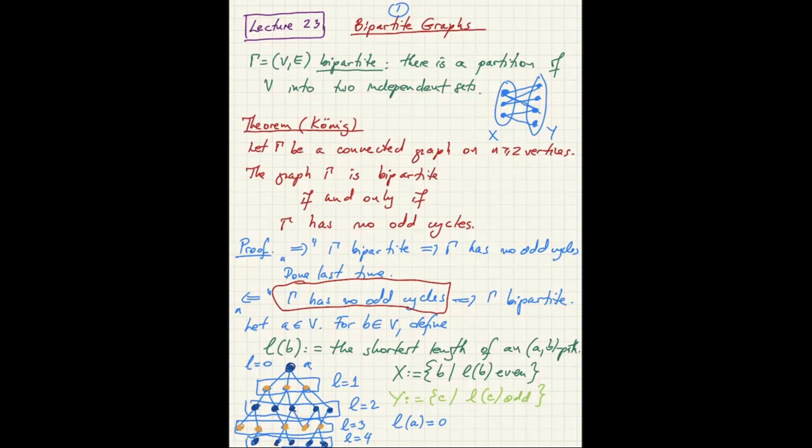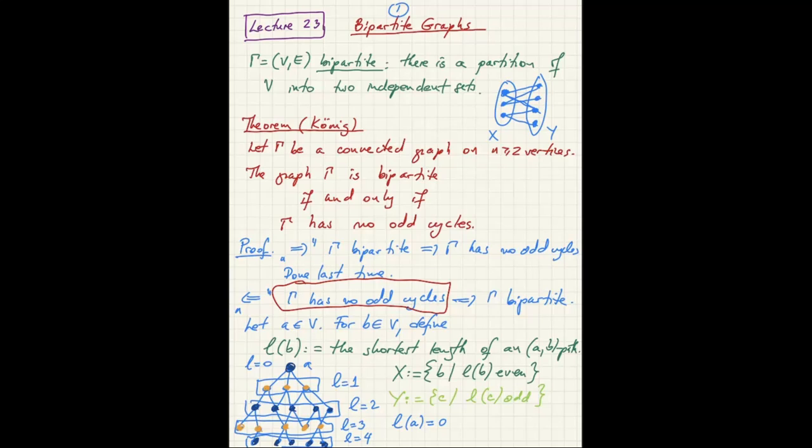And it can be used to figure out if the graph is bipartite, because you get this partition into vertices at even distance from A and vertices at odd distance from A. And if you look inside X and you see an edge, then the graph is not going to be bipartite, because any edge inside X will correspond to a closed odd walk, which would correspond to an odd cycle.